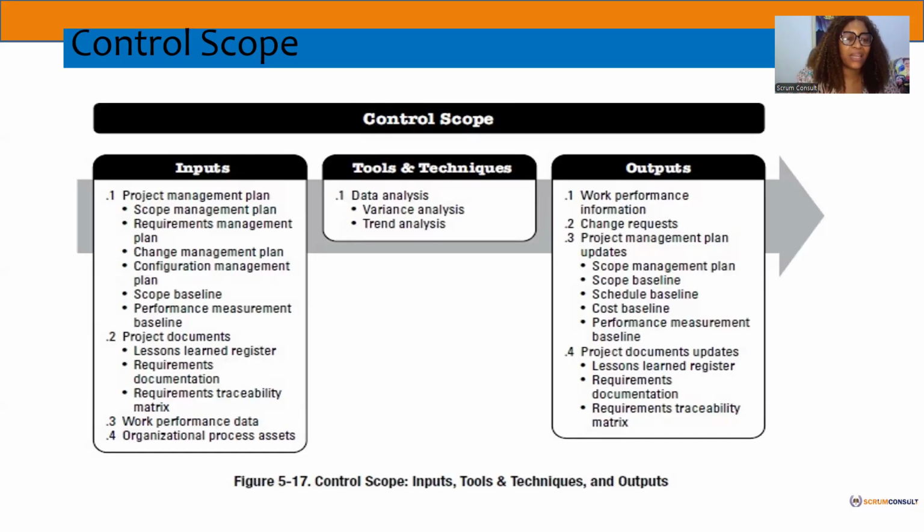You also have your change management plan, and almost the same thing with configuration management, your scope baseline, and your project documents, which are your lessons learned. You could have your requirement documents, traceability matrix, your work performance data. At this point is plan.